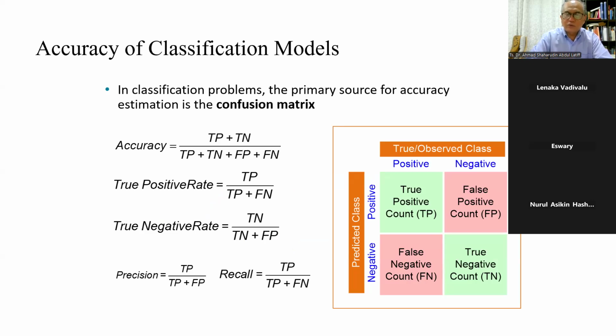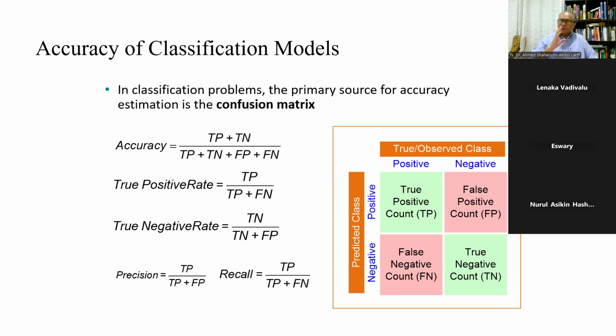Accuracy is measured using what we call the confusion matrix. When you do the confusion matrix, we break them into the true or observed class and the predicted class. Say the item is supposed to be a fish, and you predicted it to be a fish, then that is a true positive.